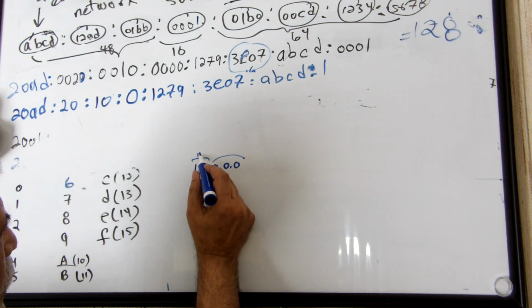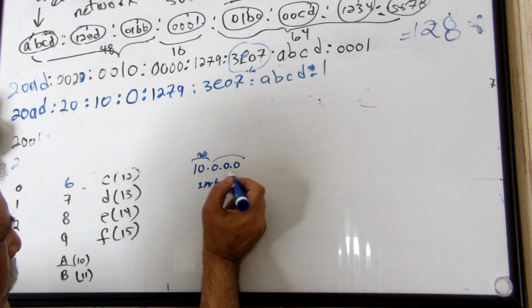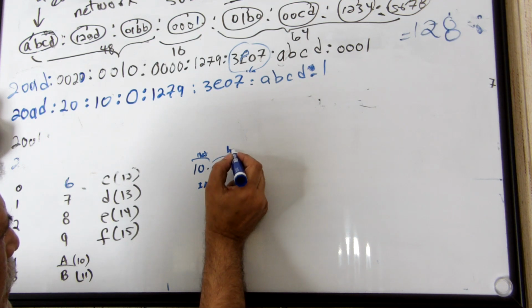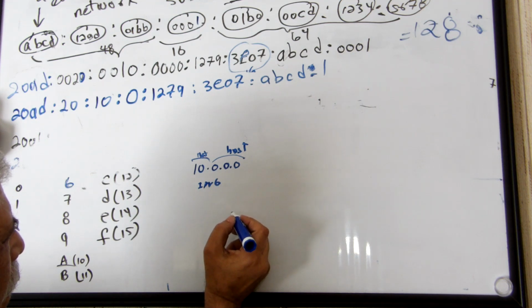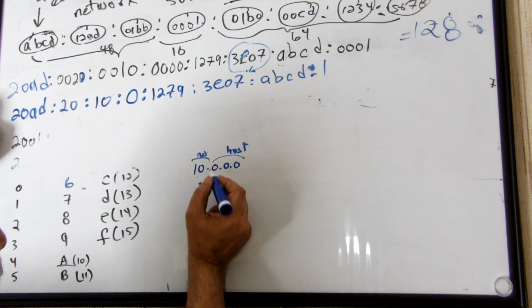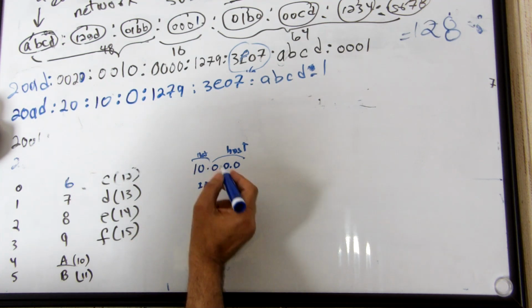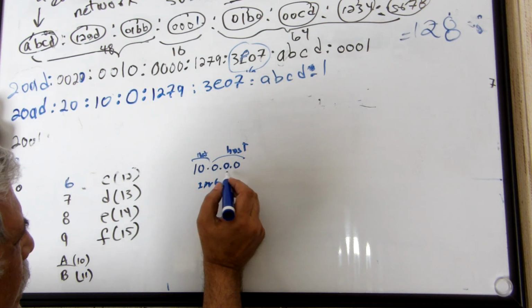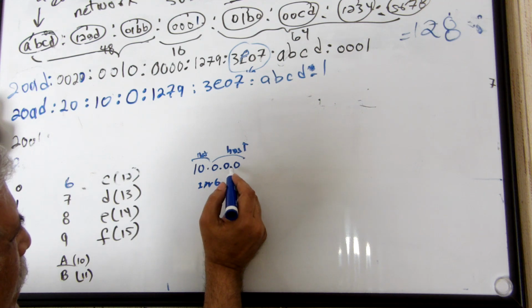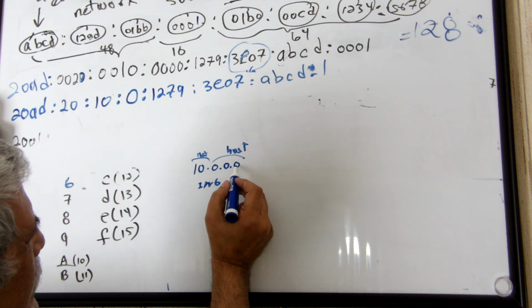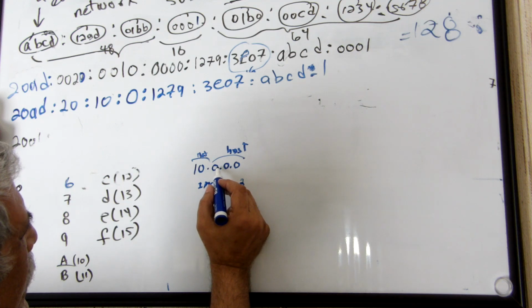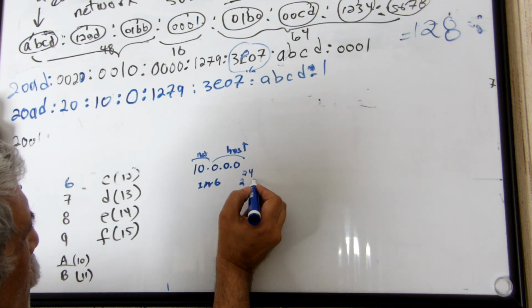This is for network, and these were for host. And each of them has 8 bits in it. We talked about it, I don't want to get to that now. So what I'm saying is the number of hosts here is 2 to the 24.